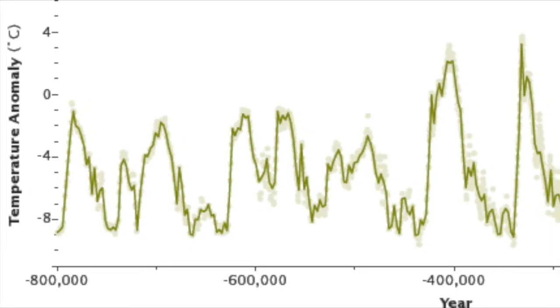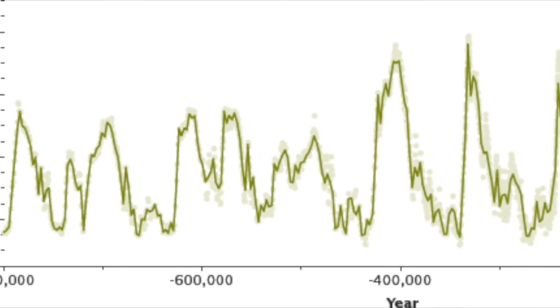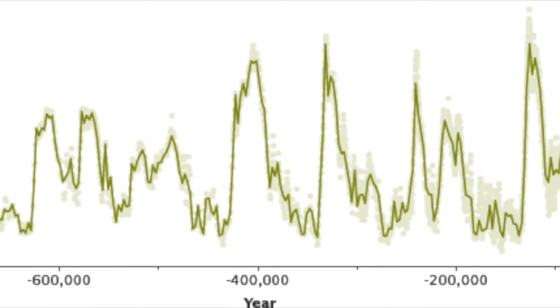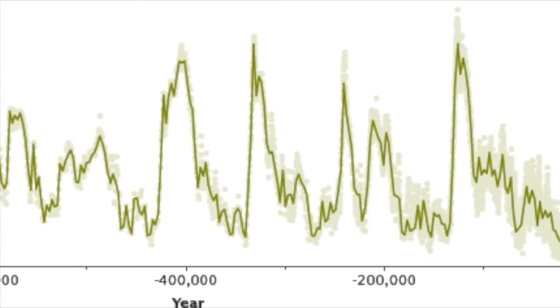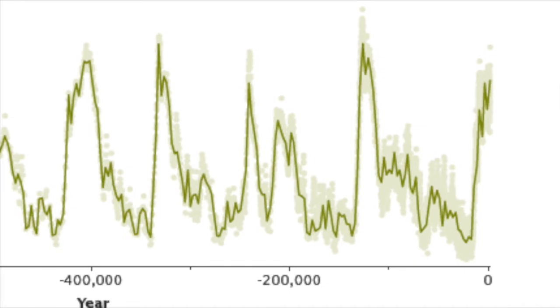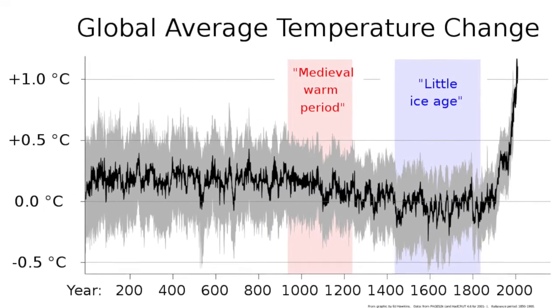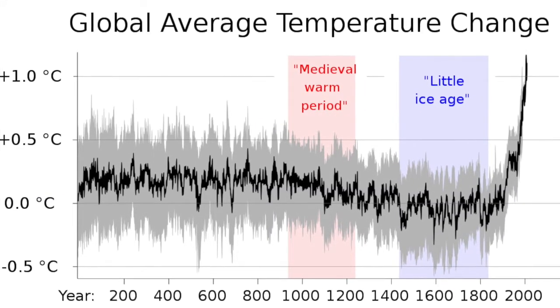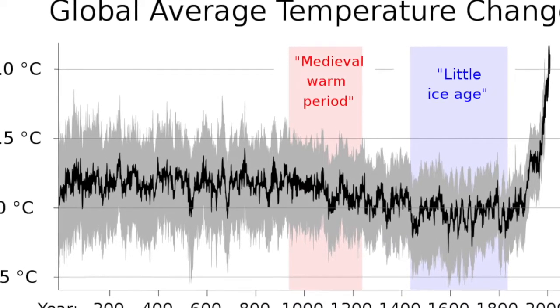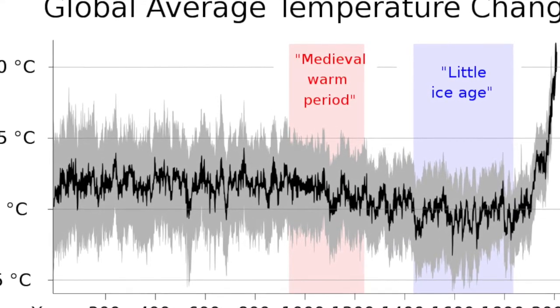So probably you have seen already one of the figures where you can see temperature variations along thousands of years, right? And I'm just going to quickly remind you how these climatologists have used a number of clues to understand how global temperatures have varied, or a way to measure this.